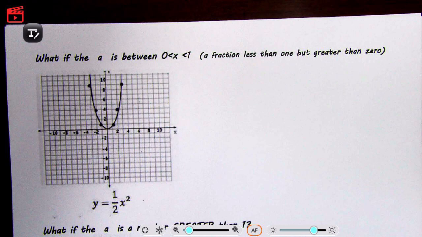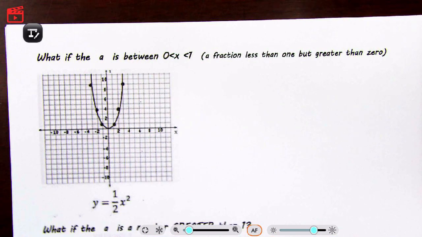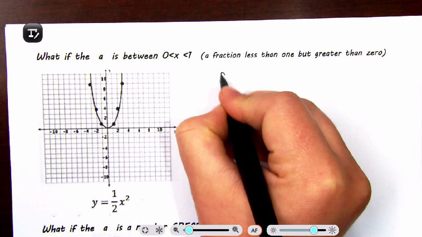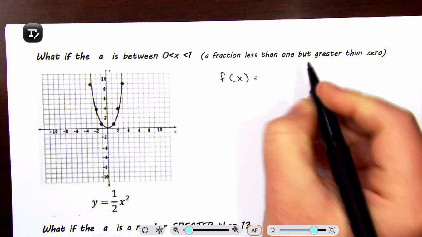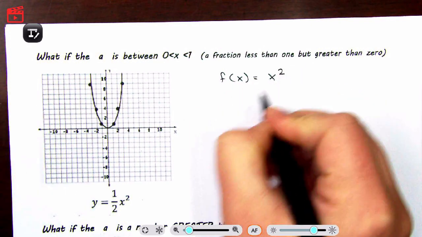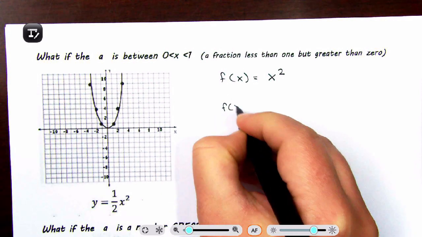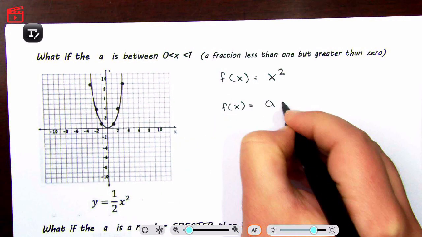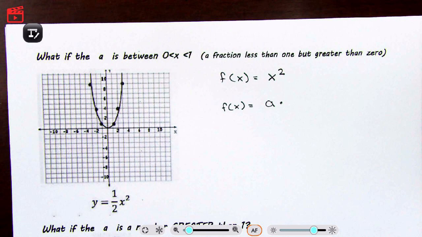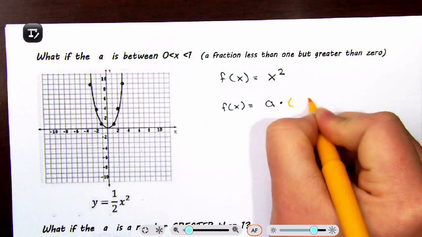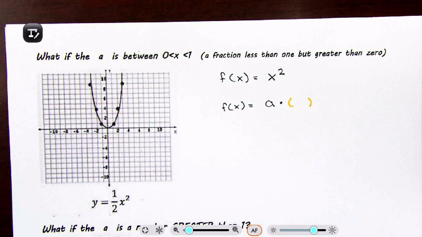All right, so what if we have an a value? So what if our parent function of x squared has something like an a value being multiplied by our x squared?